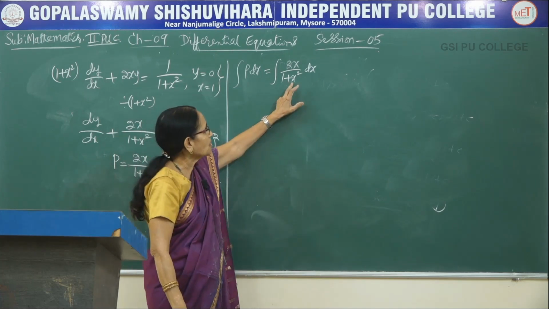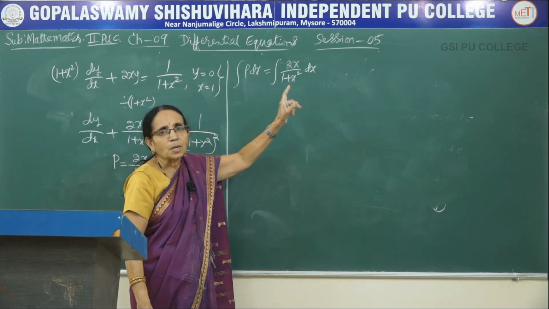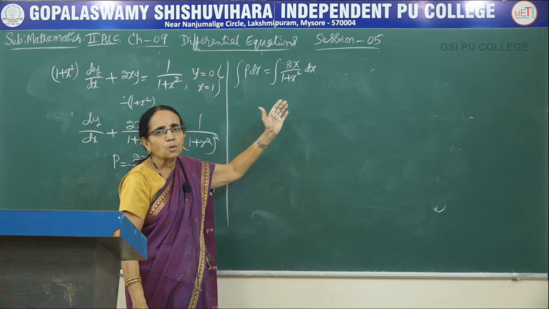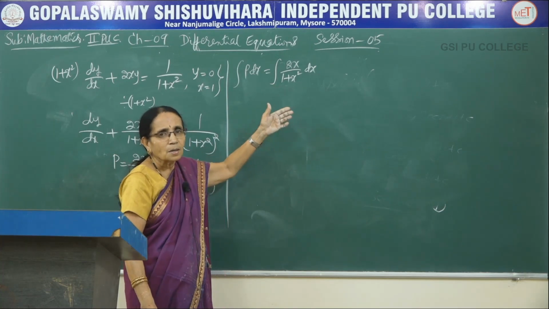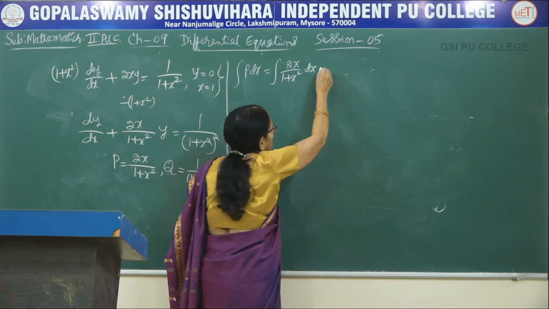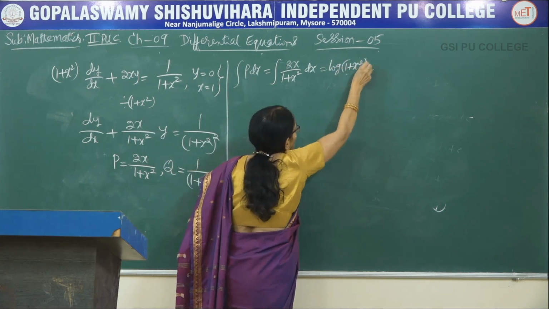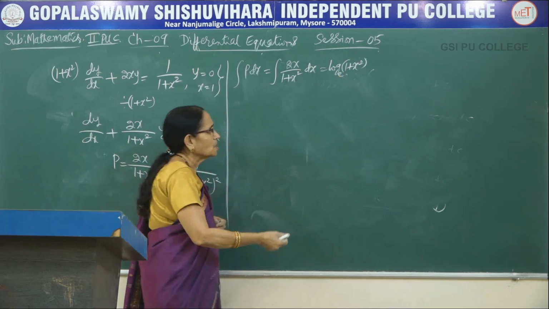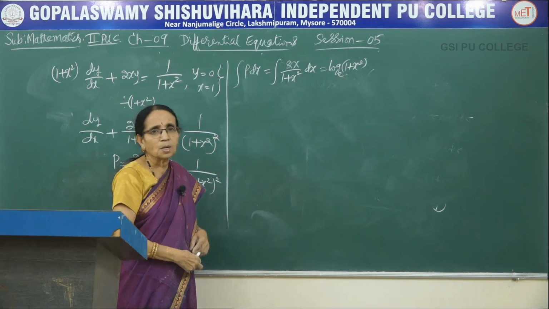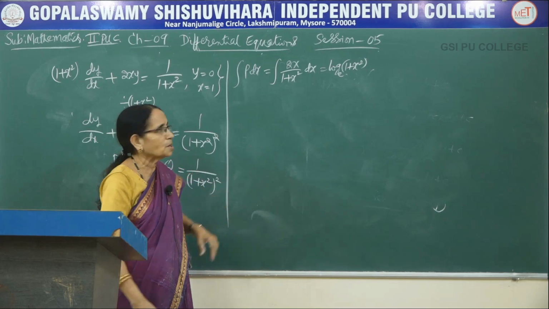By taking this as t, the whole numerator becomes dt. So, the function reduces to 1 by t, the integral being log of t, and so I am writing this as log of 1 plus x square to the base e. Just now in the same session, in the previous problem, I have come across this one.